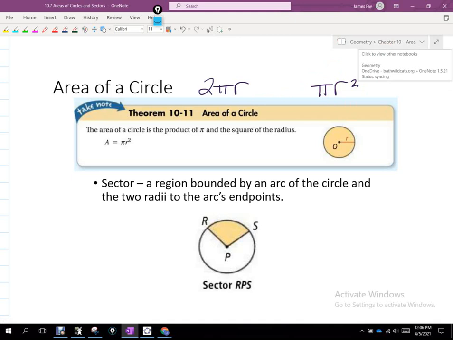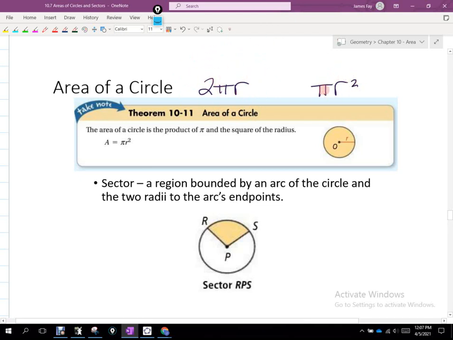Because if I look at 2 pi r, 2 doesn't have units on it. Pi doesn't have units on it. R will be centimeters or meters or feet or inches or whatever. But there's no other centimeters, feet, miles, or inches to multiply. So this is going to be a first degree result, which means it's got to be linear. That means that's a length, circumference.